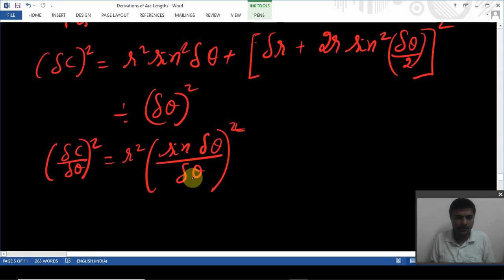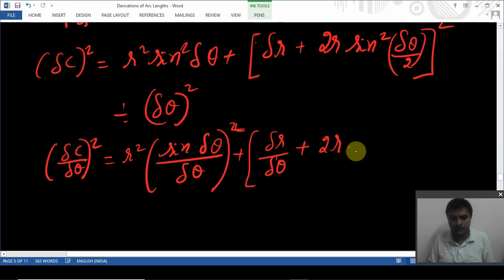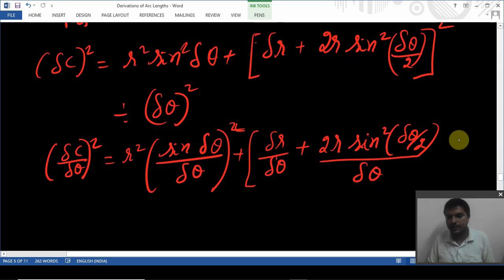For my simplification, I have taken delta theta the whole square and sine delta theta, I have made it common. Okay, plus delta R upon delta theta plus 2R sine square delta theta divided by 2 divided by delta theta the whole square. Am I right, students? Okay, now the simplification is there.